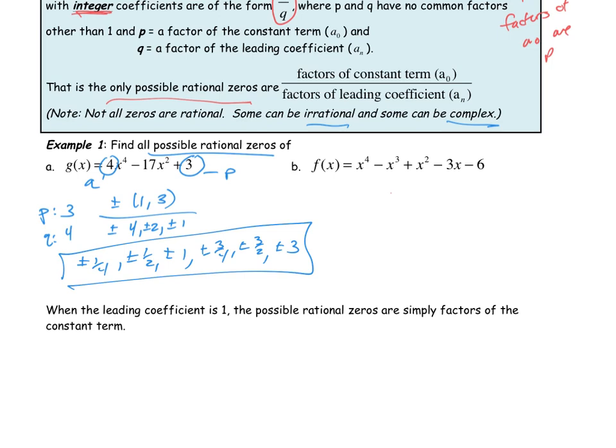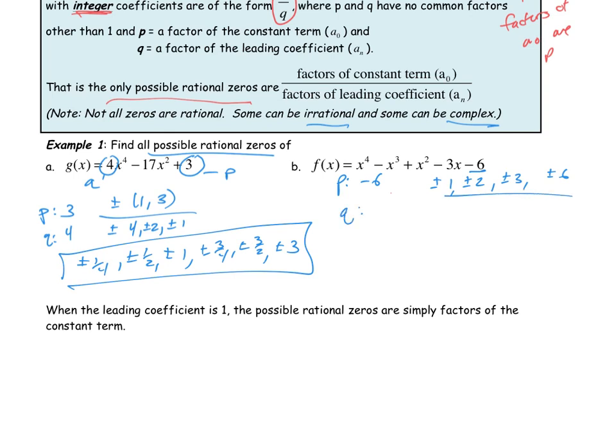Let's try example B. Here we need to figure out what p is. Remember, p are factors of the constant term. So p is -6, and we're interested in factors of -6: plus or minus 1, plus or minus 2, plus or minus 3, and plus or minus 6.